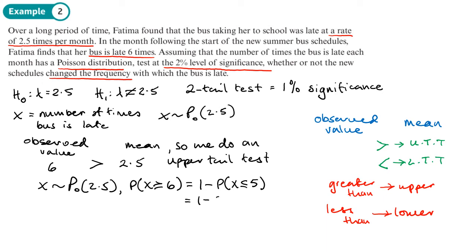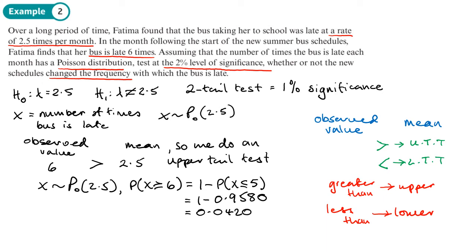So that's going to be 0.9580, rounded to 4 decimal places. So to get the full answer, I'm going to go menu 1 and do 1 minus answer, and I get 0.0420 to 4 decimal places.